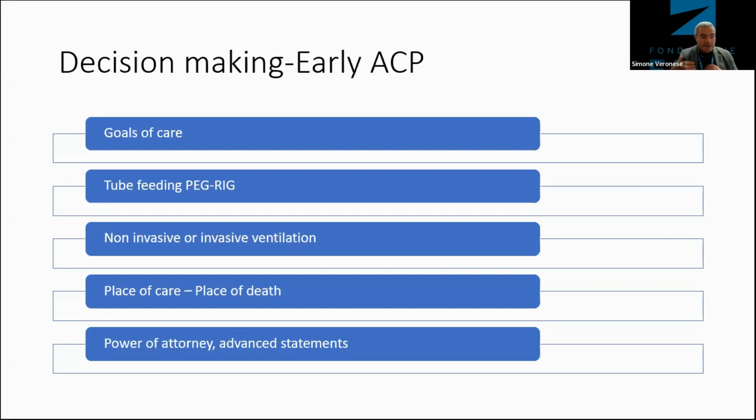The role of us in helping people stay in their preferred place of care and choose their preferred place of death. And also the role that we have with other carers in terms of autonomy, advance statements, and so having the voice of the patient before, for example, a bad cognitive deterioration can happen. So this is it for me, David. Thank you very much. And if there are questions, I'm here.